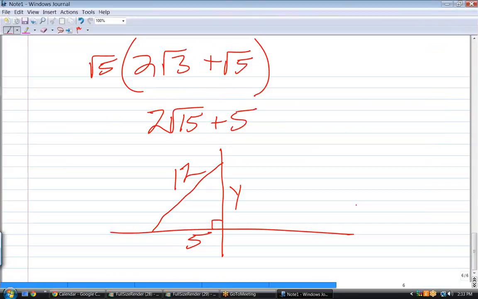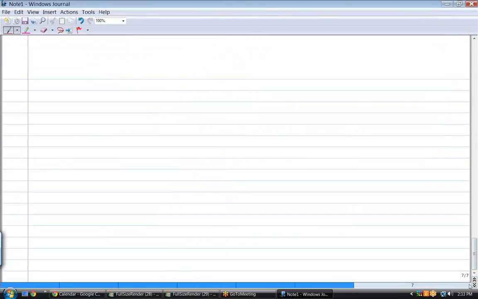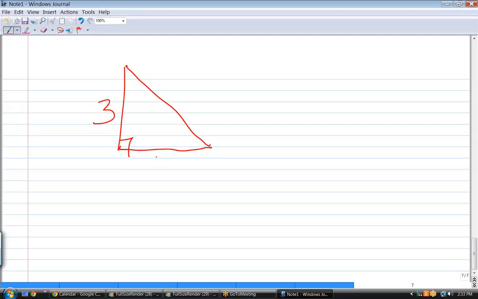Let's go through some of these. There's not much more important in math than being able to solve Pythagorean triangles easily. There's a couple of situations. There's this situation where you know the two short sides. What's this equal to?